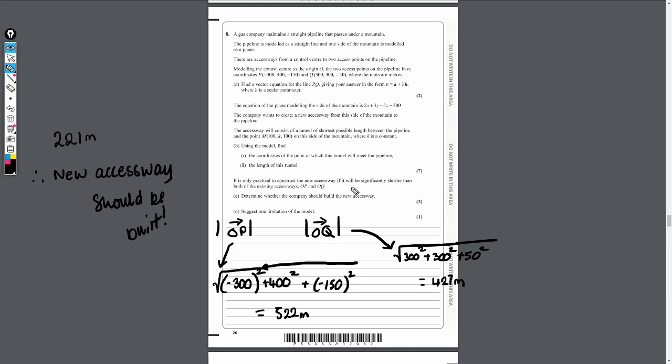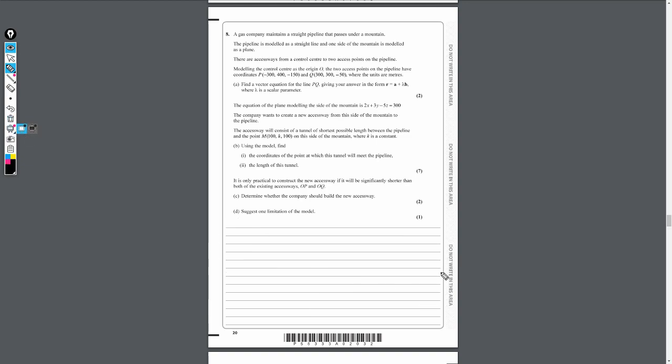Okay, and then finally, for part D, it just asks us to suggest one limitation of the model. Well, there's a couple of different things you could say. I think the clearest one to me would be the idea of the plane, right? It's saying that the side of this mountain is represented as the equation of a plane. But, I mean, if you've ever looked at the side of a mountain, it's never completely flat, right?